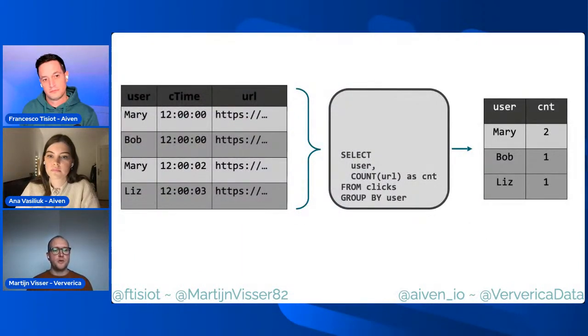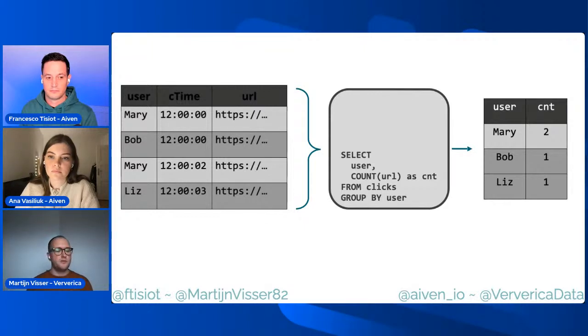If you look at the batch-oriented model, or batch-oriented data source, I should actually say, let's say that we have a user Mary, a user Bob, a user Mary, and a user Liz. Those are 4 different records that are appearing over time. And the difference between batch, or the similarity of batch, is that all of the data is known at the moment when you are actually processing them.